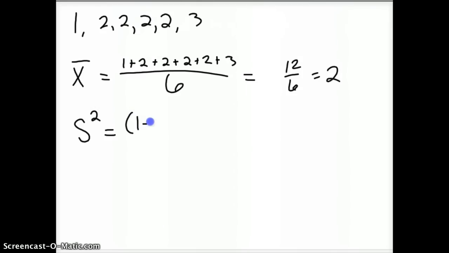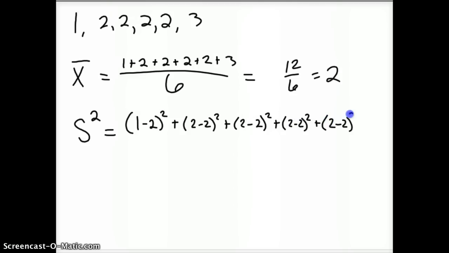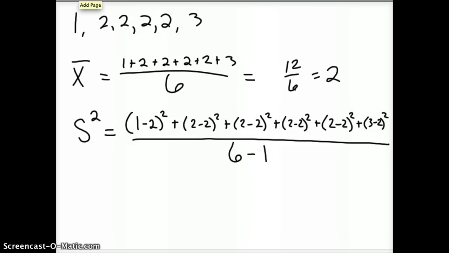So it's going to be 1 minus 2 squared plus 2 minus 2 squared plus 2 minus 2 squared plus 2 minus 2 squared plus 3 minus 2 squared, all over, and here's where the difference lies, instead of 6, it would be 6 minus 1.